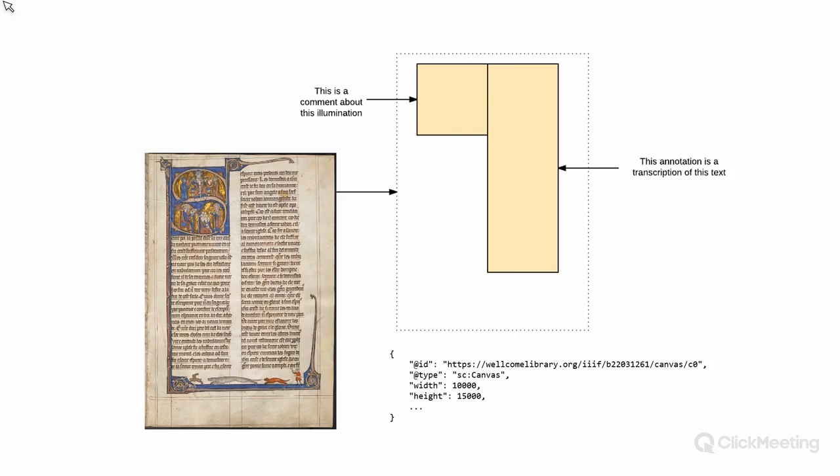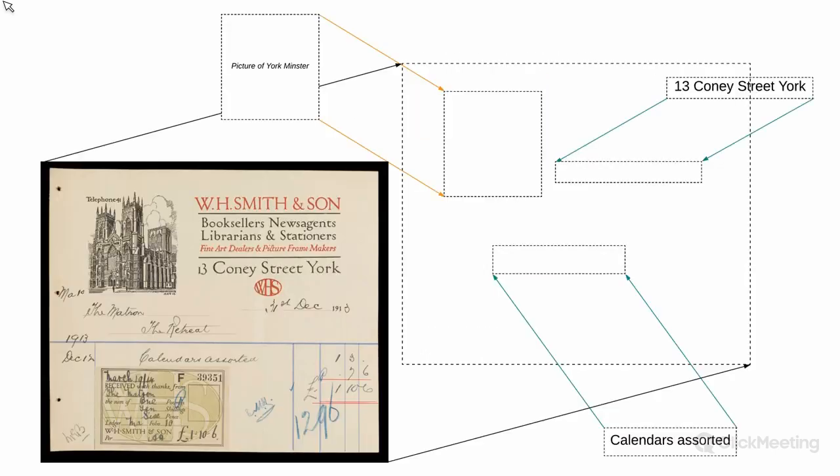But in the world of IIIF, that picture has three annotations: that canvas space, and then we are annotating onto that, in assembling our content, an image, which is filling it in its entirety in this case, and we are adding an annotation to the canvas about a particular part that is a comment about the illumination, and we are adding another annotation to a particular part that is a transcription of that part. And this content assembly process gives us this shared interoperable IIIF space.